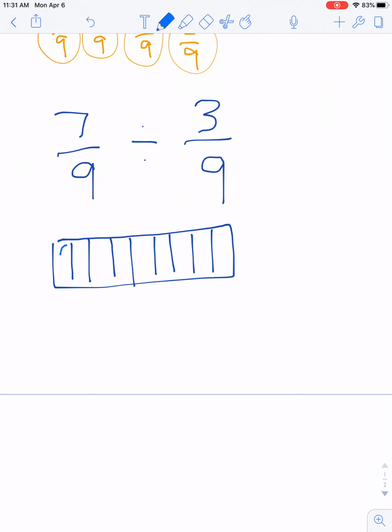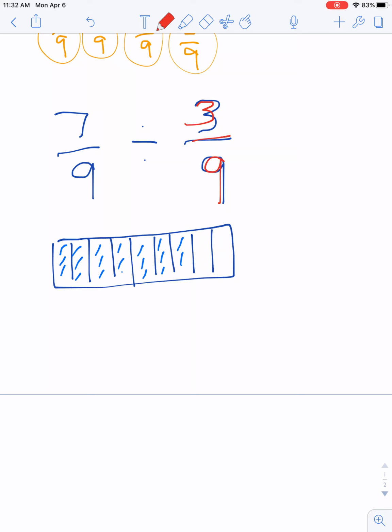And I have 1, 2, 3, 4, 5, 6, 7. So I have 7/9 shaded, and I want to ask myself, how many times can 3/9 fit into my 7/9?